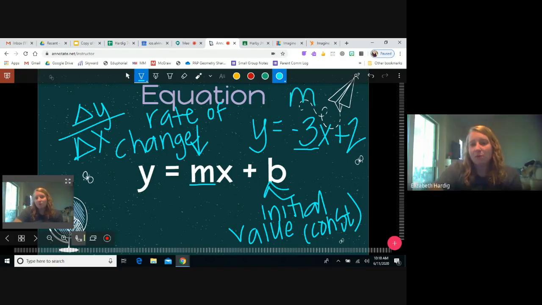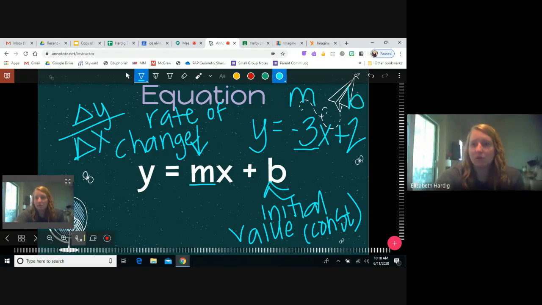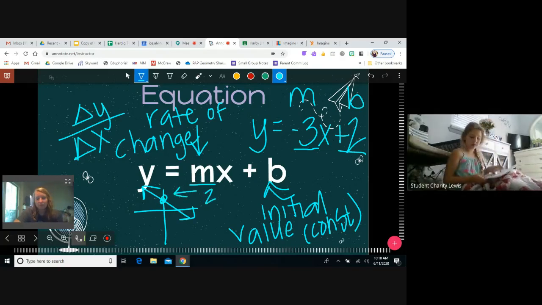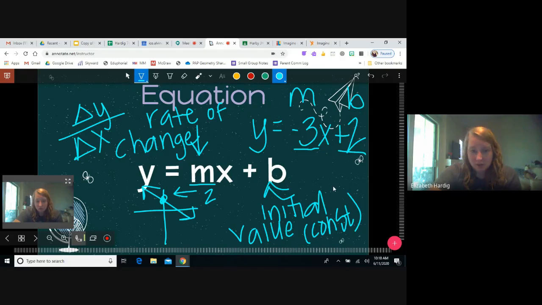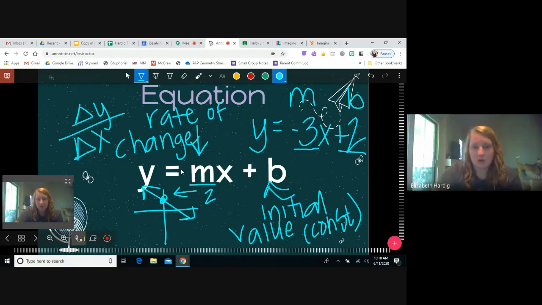Yes. What would the positive 2 be? B. Good. So if I have a negative rate of change, do you think my graph is going to be increasing or decreasing? Decreasing. Good. So it'd be going down. And this positive 2 also tells me that it crosses my y-axis at 2. Do you have any questions about this so far? No, it's pretty straightforward. Awesome.